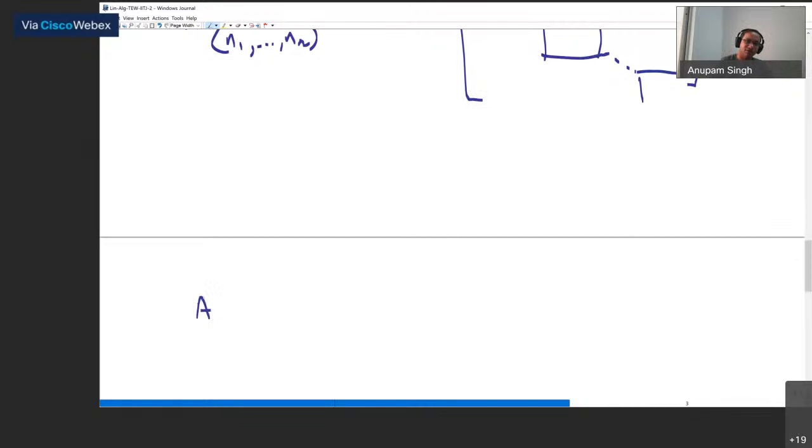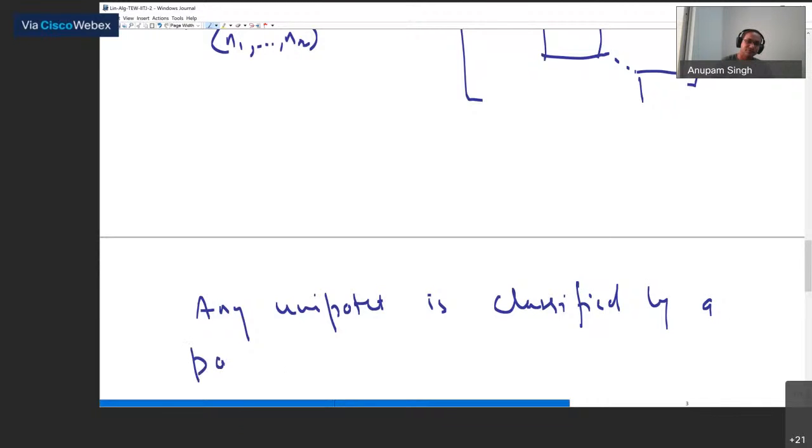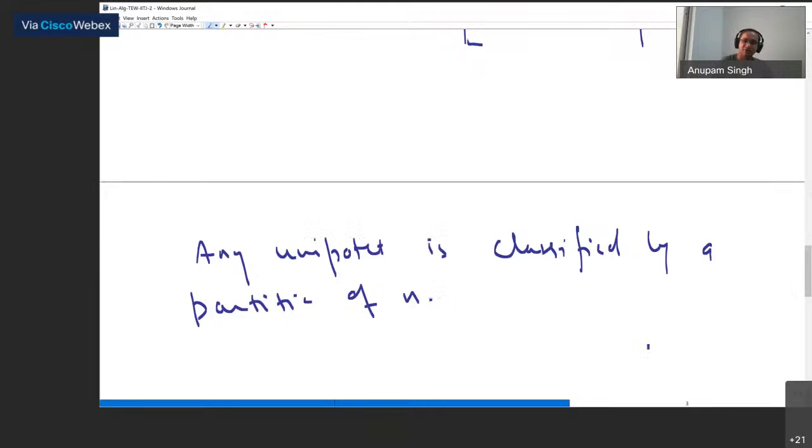So any unipotent is classified by a partition of n, up to similarity. So if I want to write the complete statement, up to similarity.